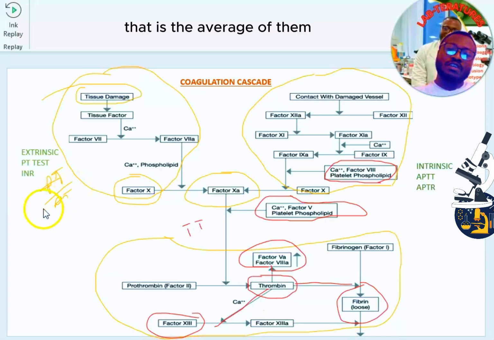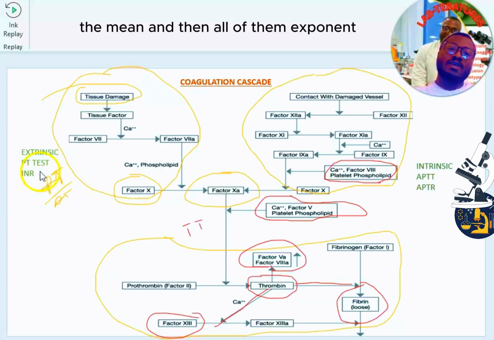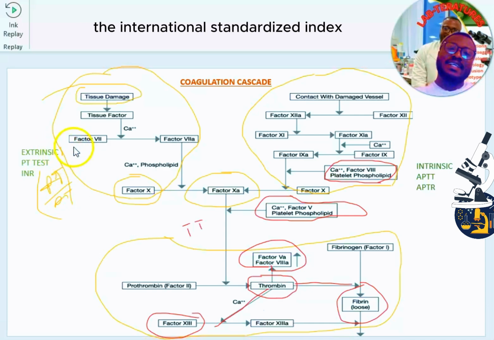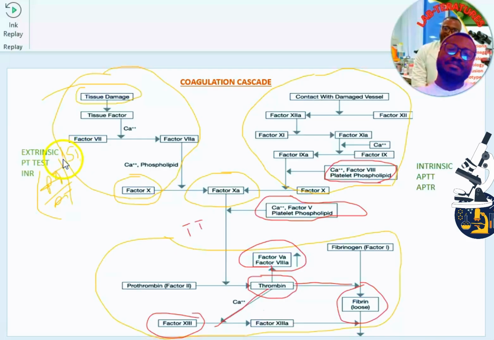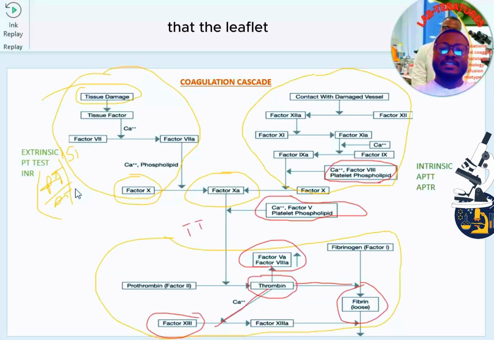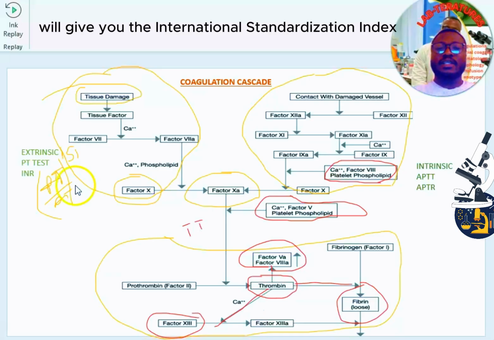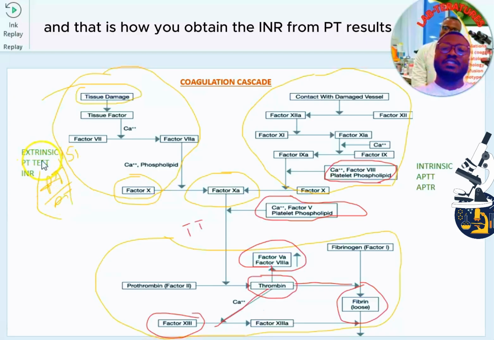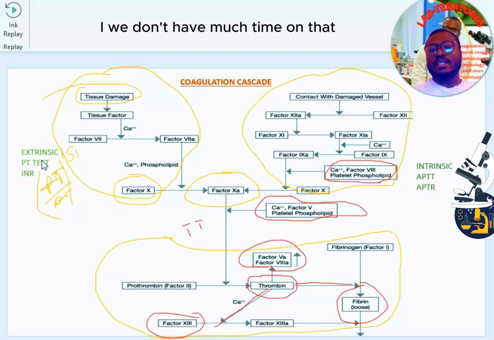That is the average of them, the mean, and then all of them raised to the exponent of the international sensitivity index. So that will come with the reagent, and you will see that the leaflet will give you the international sensitivity index, and that is how you obtain the INR from PT results. You can read more about it. We don't have much time on that.